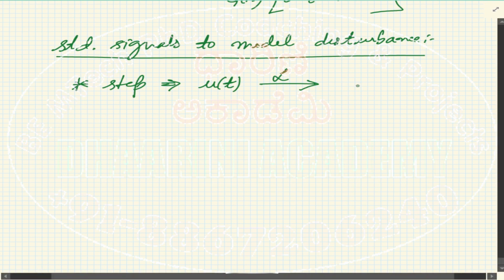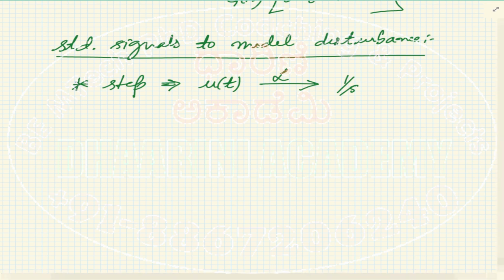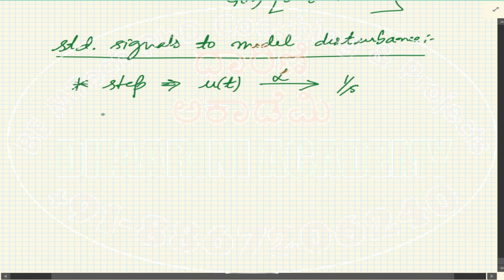Okay, so this is right. That's correct. So first function is this. We try to model any type of disturbance, right, using some of the standard signals, but one of such standard signal is unit step.